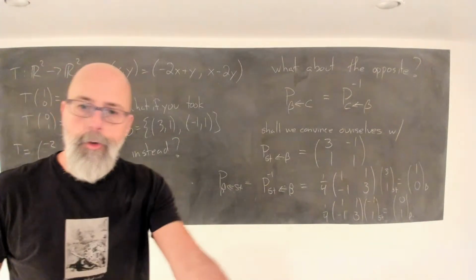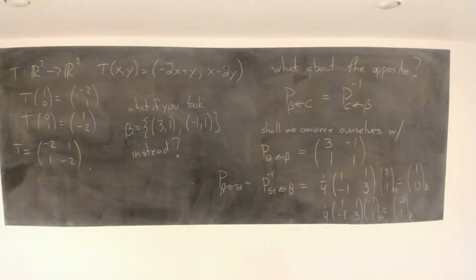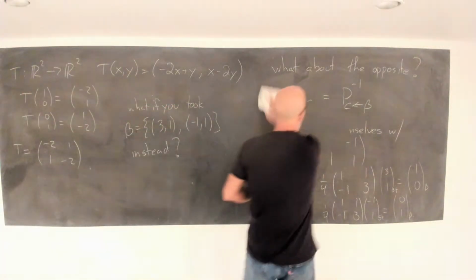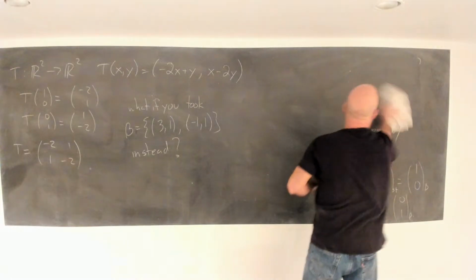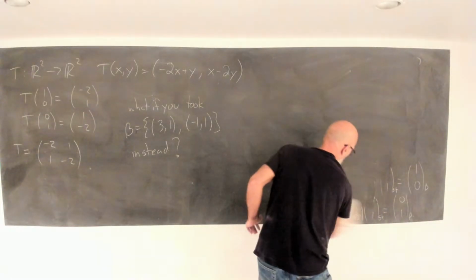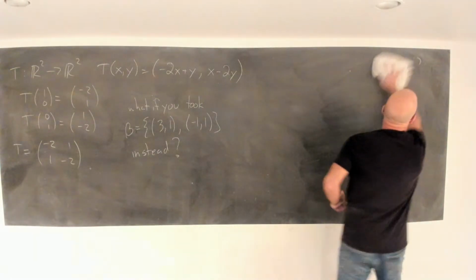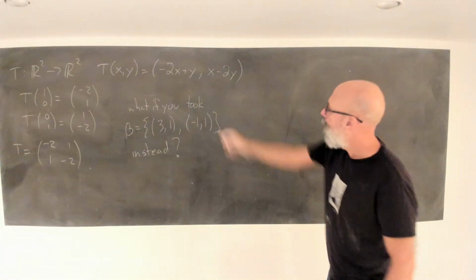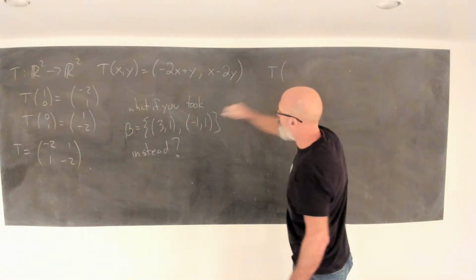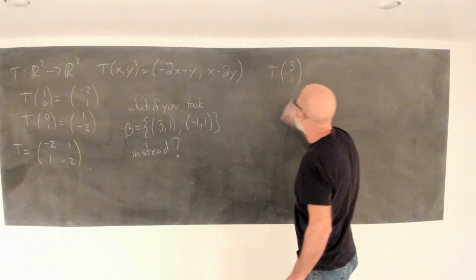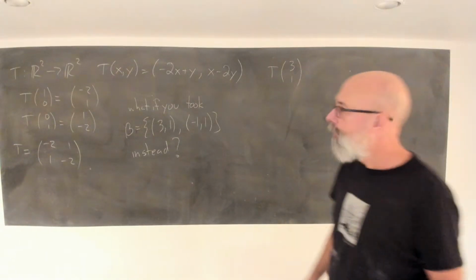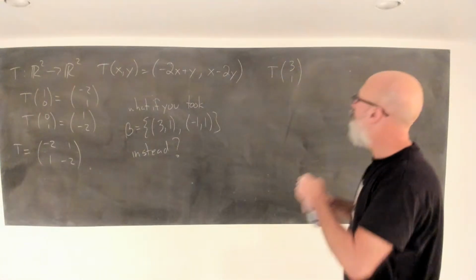What if you took the ordered basis B instead and looked at how T acts on this ordered basis? If you look at how T acts on the vector 3, 1, what is T of 3, 1? Work it out, you tell me.